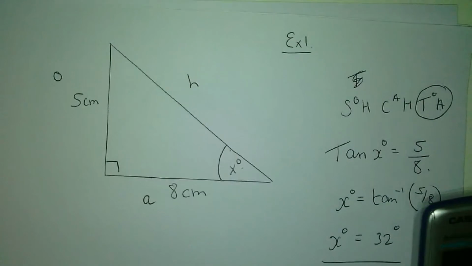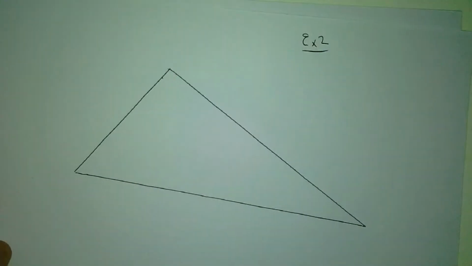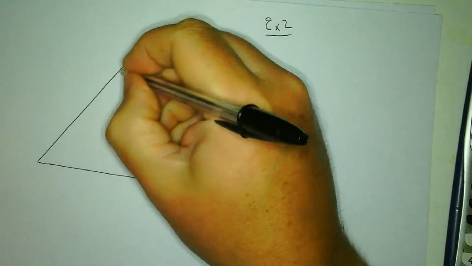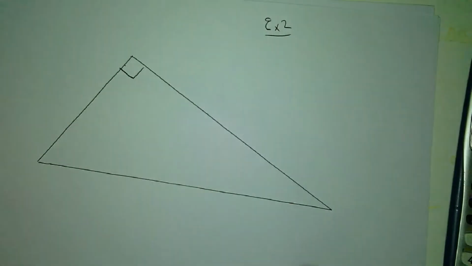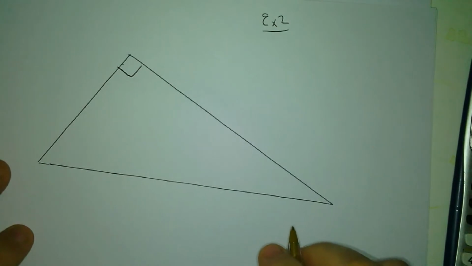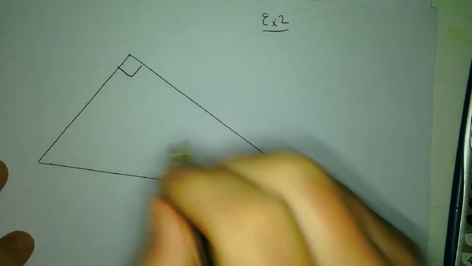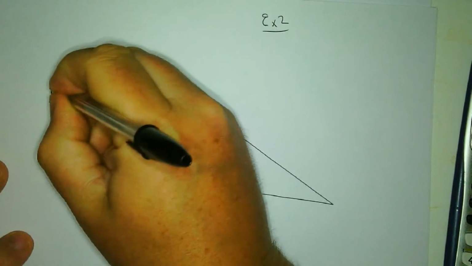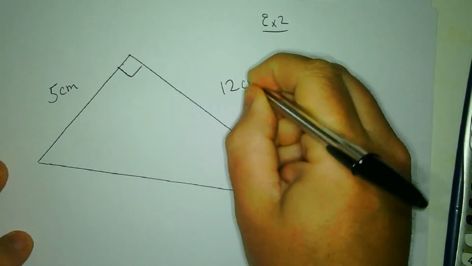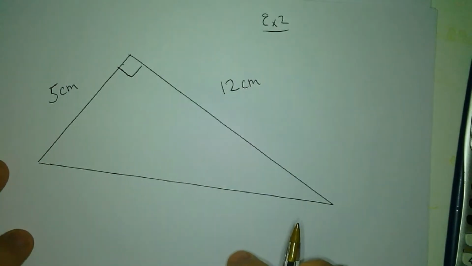Now let's do another example where it's not as straightforward. Example 2. I've got my right angle up there, because you can see there's the big side. Remember, we're always dealing with right angle triangles. I'm going to make that 5 centimetres and 12 centimetres.